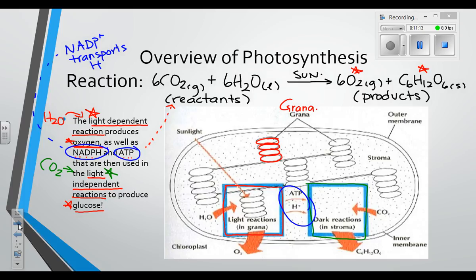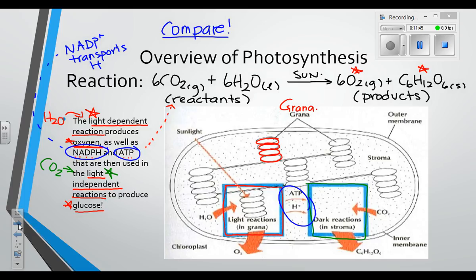Now, does anyone have any questions they'd like to ask about the reaction or about the two steps and what goes in and out of each of them? A question I would ask you, absolutely, would be to compare the two reactions. And even though today we'll only talk about the first step, the light-dependent reaction, this overview is a good study tool for comparing them.